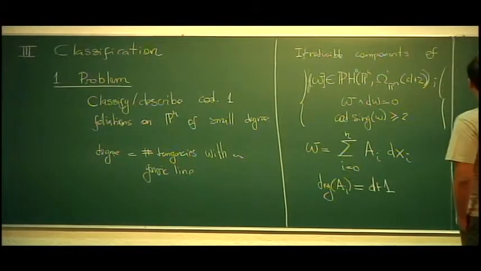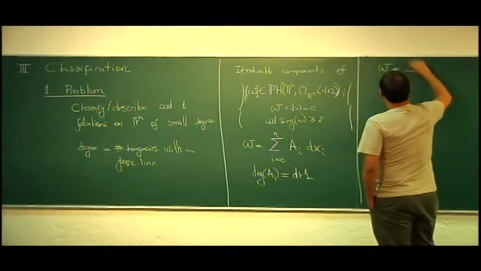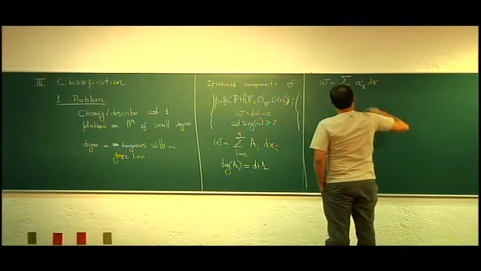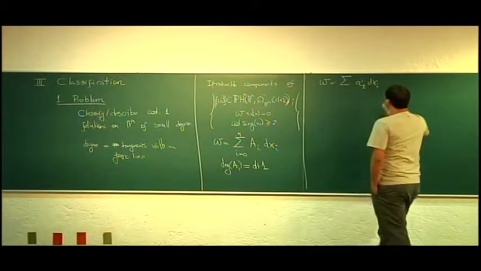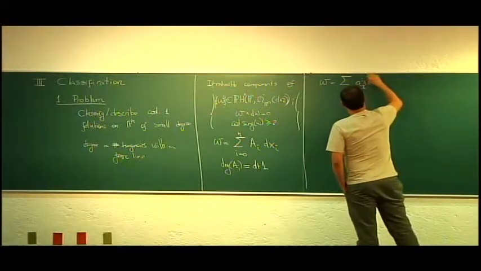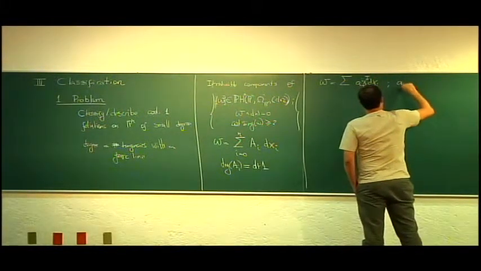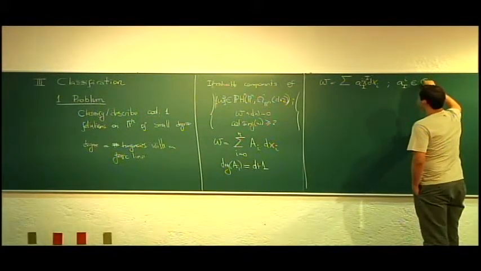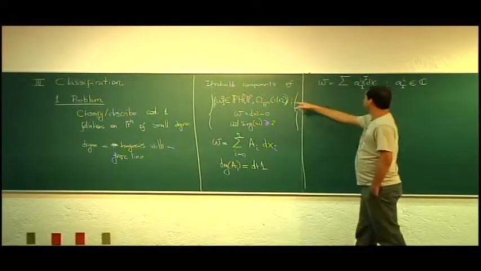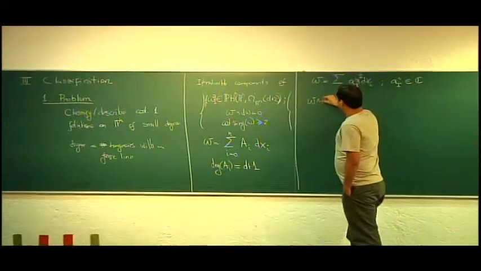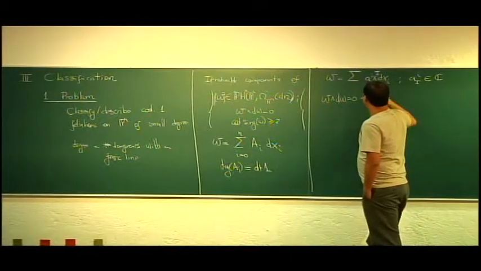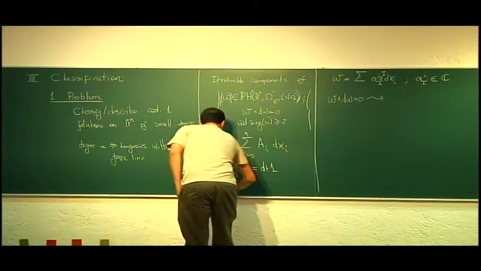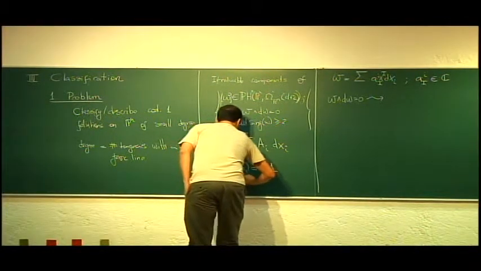If we write omega concretely as this, where a_i,e are constants, which we can think also as variables, then the integrability conditions define, oh, sorry, here there is also the condition that this form must be annihilated by the Euler vector field.